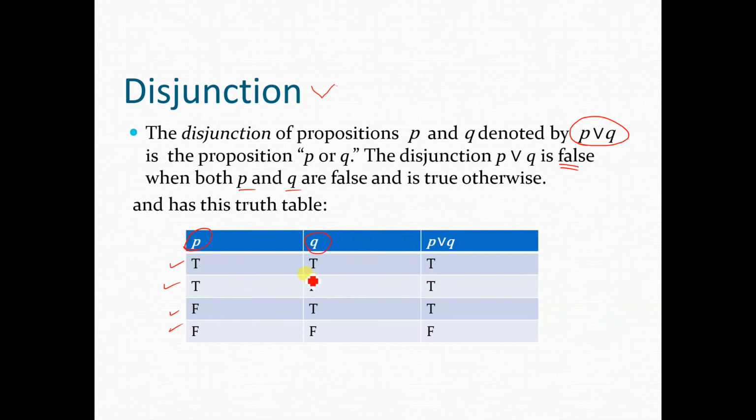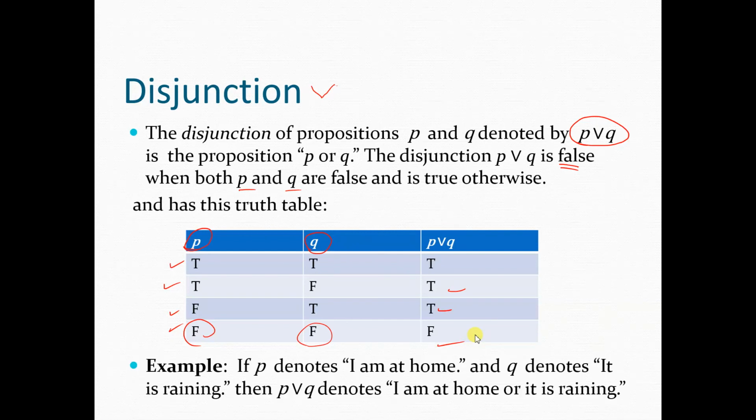If one of P and Q is true, then P ∨ Q is true. If both P and Q are false, then P ∨ Q is false. If P denotes I am at home and Q denotes it is raining, then P ∨ Q denotes I am at home or it is raining.